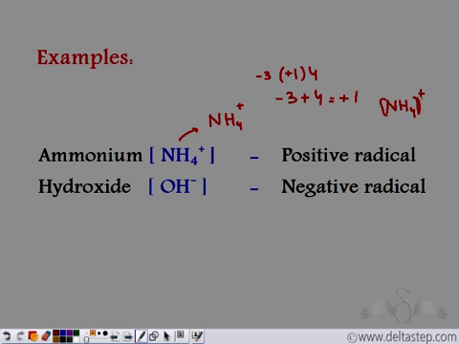Similarly, when you have OH-, the valency of oxygen is -2 and the valency of hydrogen is +1. So the overall charge becomes -1. So this hydroxide radical has an overall -1 charge. So the ammonium radical is a positive radical, and the hydroxide radical is a negative radical. So radicals can be both positive or negative.